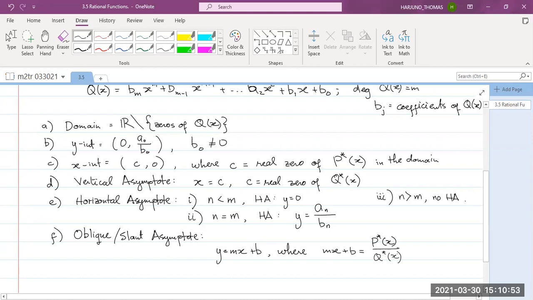If you divide the rational functions, okay, then you get a linear function, a linear equation. Now that linear equation is the slant asymptote. But this is only if the degree on the top is 1 more than the degree at the bottom.